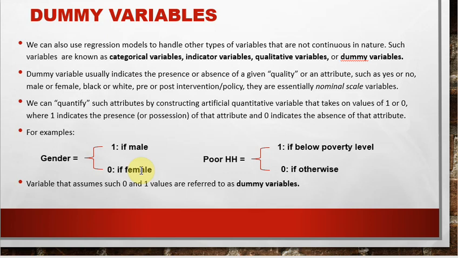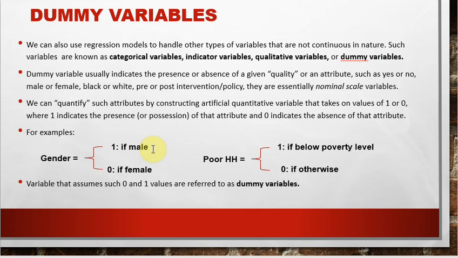But I give you a hint that will guide you. It depends on what you want to find out. If, for instance, I'm looking at a study on household poverty, and I've asked the respondents the question: who is the head of your household? A male-headed household or female-headed household? If I'm interested in finding out if being a male-headed household has effects on poverty, then I will assign 1 to male.